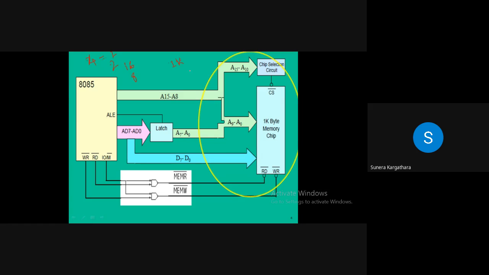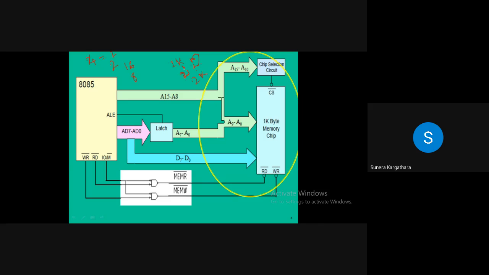Suppose if you say 1K, that is 2 raised to 10. 2 raised to 10 is 1K, and 2 raised to 1 is 2. So 2 into 2 raised to 10 is 2 kilobyte.